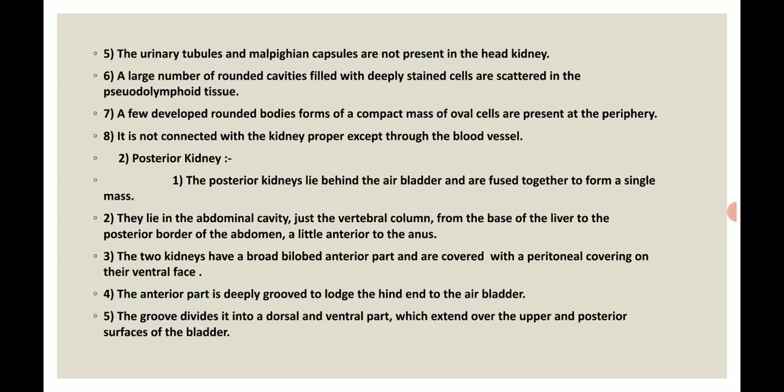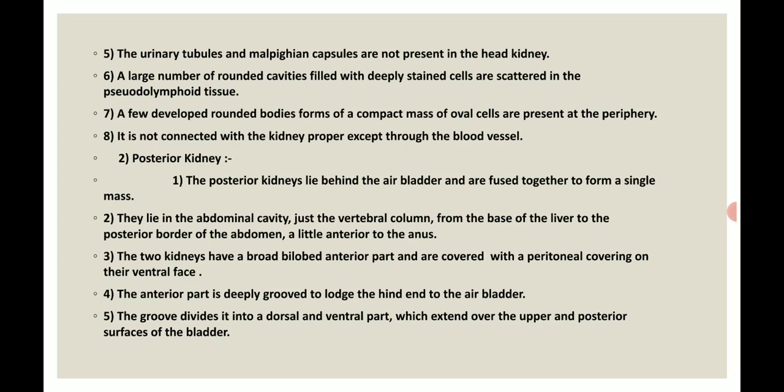A few developed rounded bodies, forming a compact mass of oval cells, are present at the periphery. The head kidney is not connected with the kidney proper except through the blood vessels.